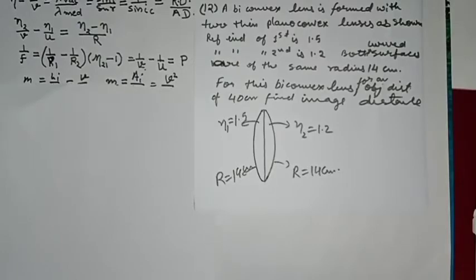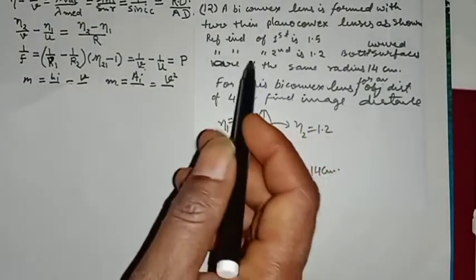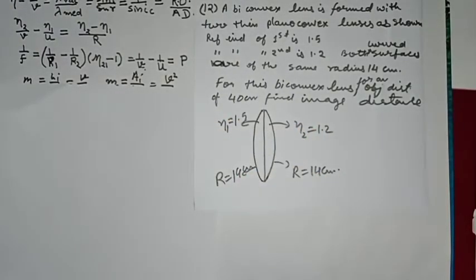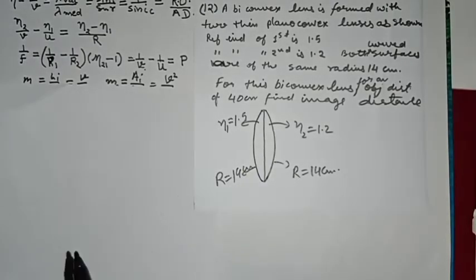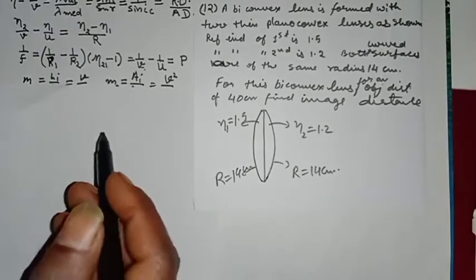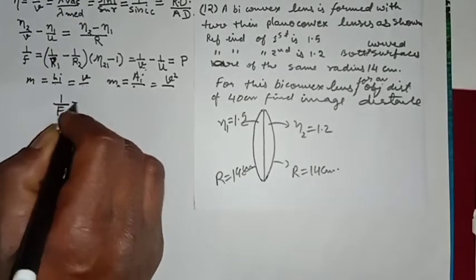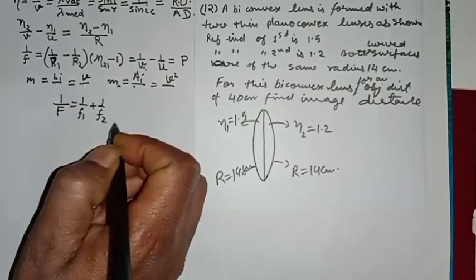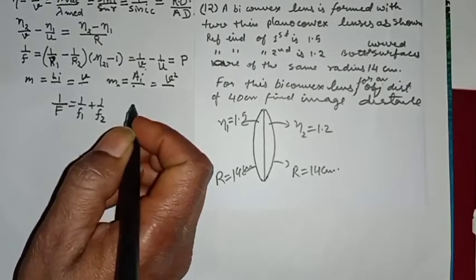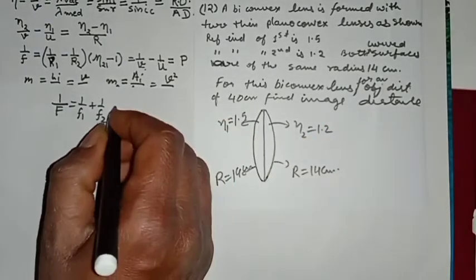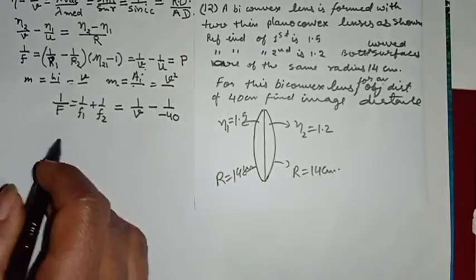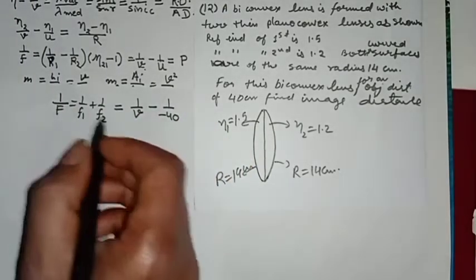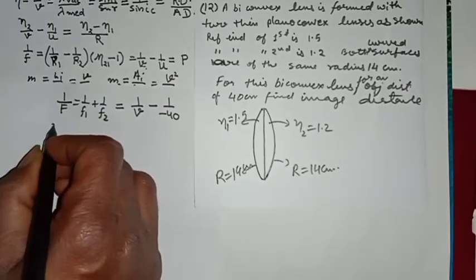A biconvex lens is formed with two thin plano-convex lenses as shown. From the first plano-convex lens, the refractive index is 1.5, the other one is 1.2. So it is a question of combination of lenses. Directly applying the combination of lenses, that is equal to 1 upon v minus 1 upon u. u is minus 40 here.